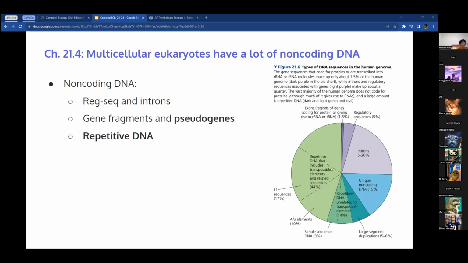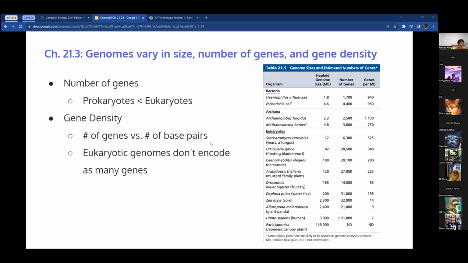Non-coding DNA. So this is a chart I was talking about. Protein coding genes, or exons specifically, are only 1.5% of the human genome in particular. All the other 98.5% does not code for a protein. So this just comes to show how low eukaryotic gene density can be.